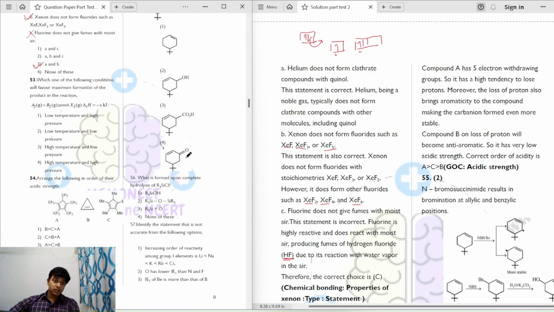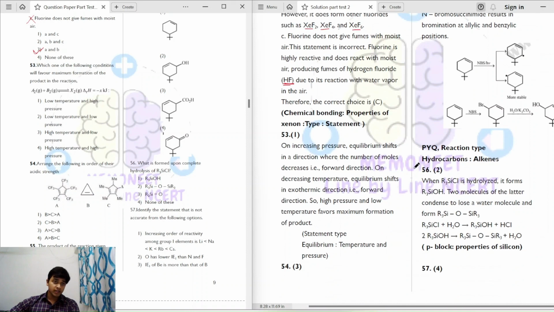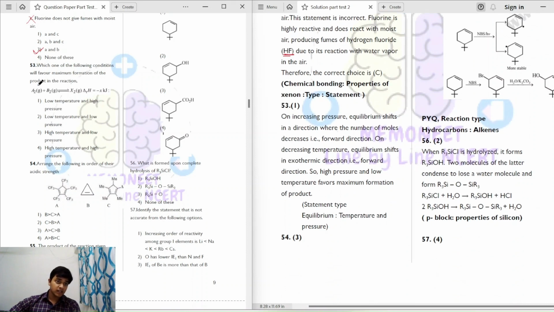The question says, which one of the following conditions will favor maximum formation of product in the reaction? And the reaction we are given is A2 gas plus B2 gas gives X2 gas. The reaction is given to be exothermic as the enthalpy change is negative. First of all, you need to understand that on the reactant side we have 2 moles of gases, whereas on the product side we have only 1 mole of gas.